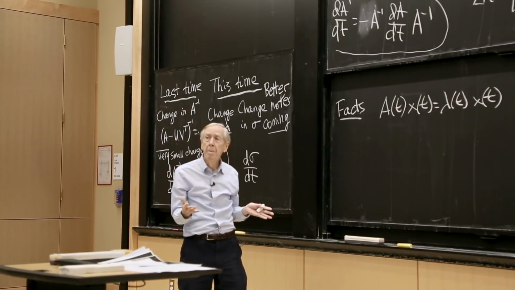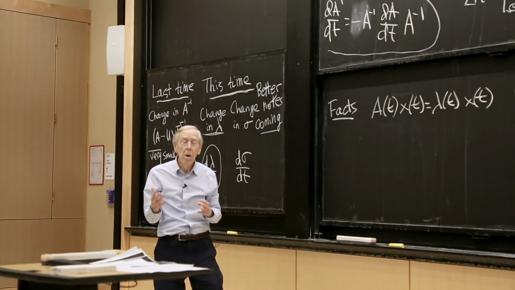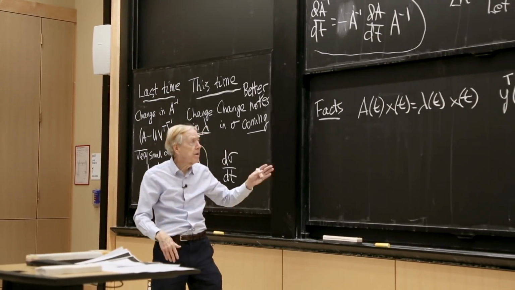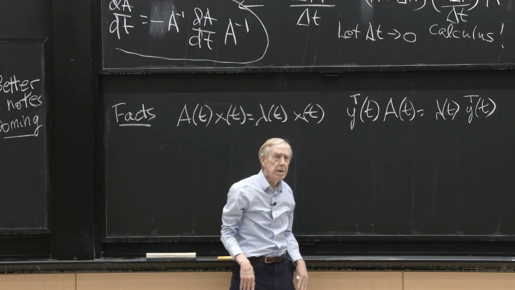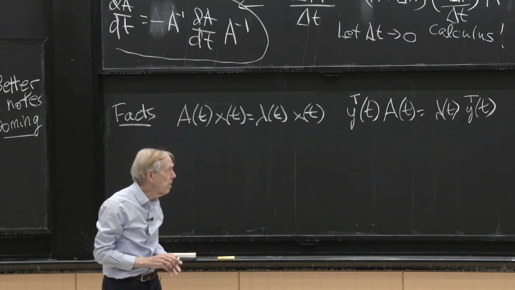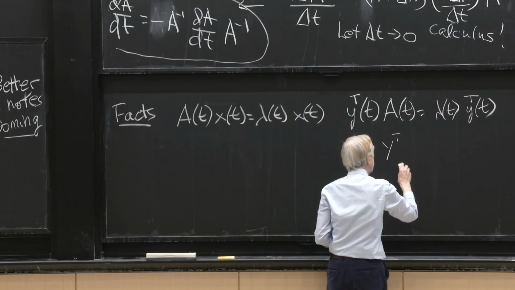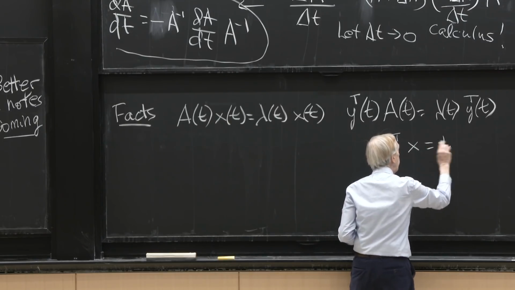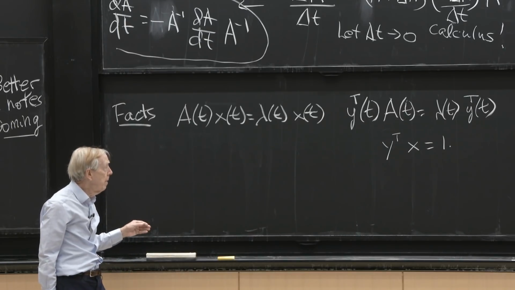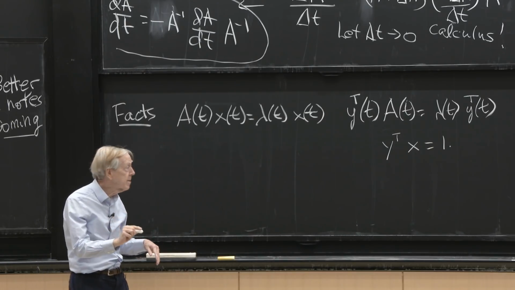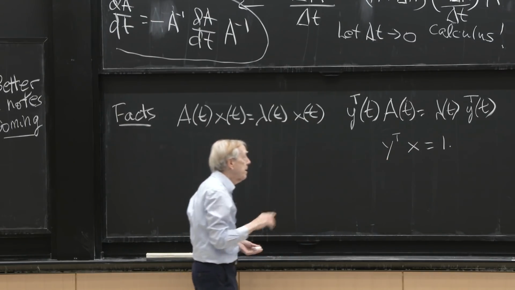There has to be some normalization. What should be the length of these? Right now, X could have any length, Y could have any length, and there's a natural normalization, which is Y transpose times X equal to 1. That normalizes the two. It doesn't tell me the length of X or the length of Y, but it tells me the key thing, the length of both.